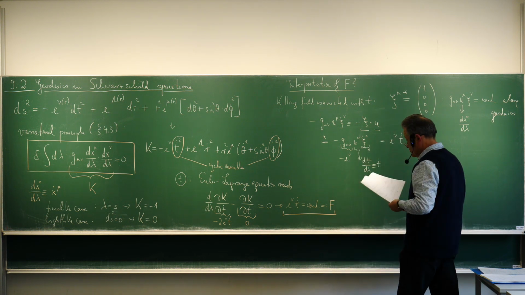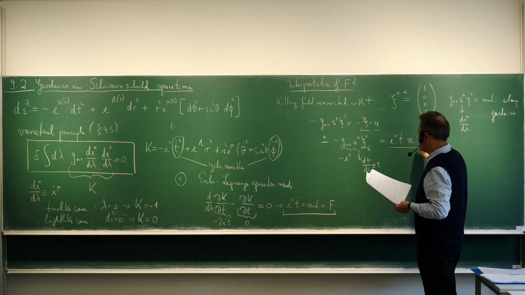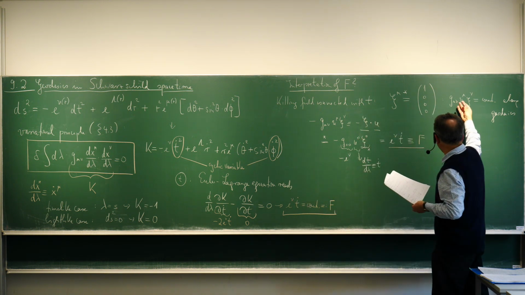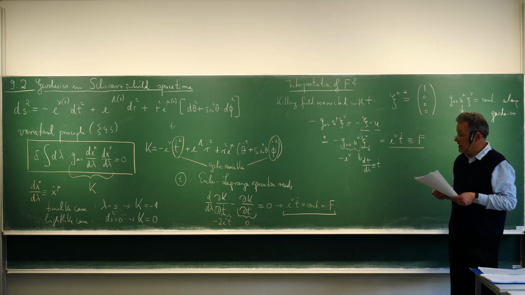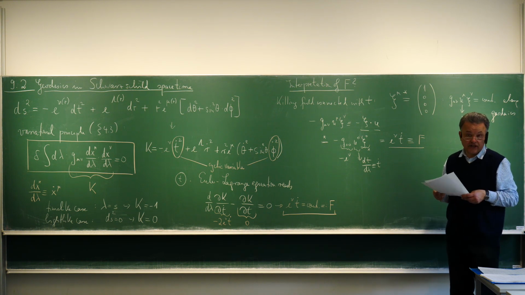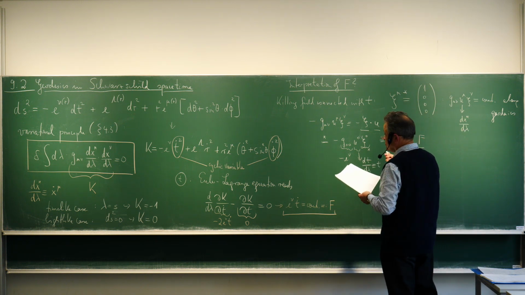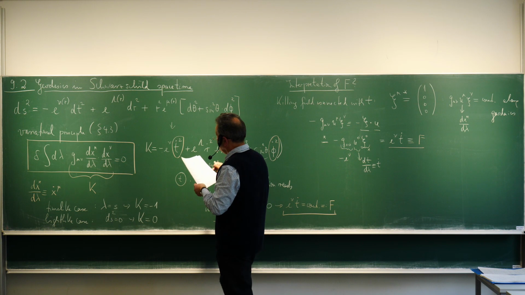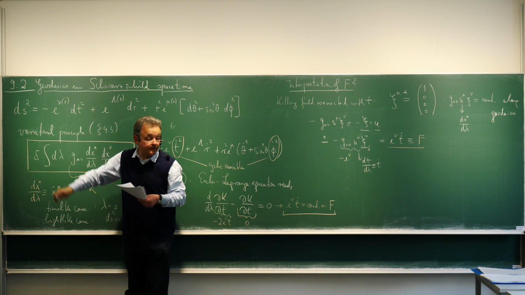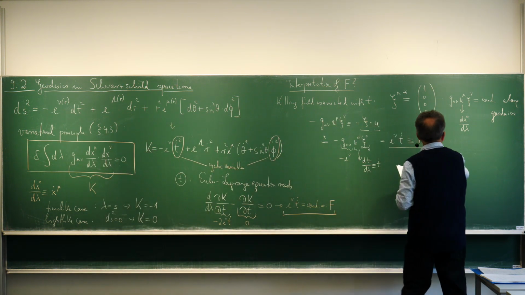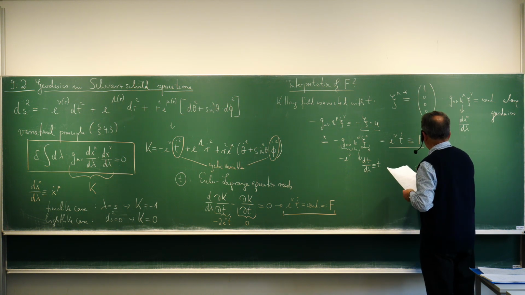And if you look here, this is just our f. So this is just our f. So this conserved quantity is the quantity that you get from the scalar product of the tangent vector with the Killing vector. If you go to standard Schwarzschild coordinates, then you just have to insert here the 1 minus 2 GM over r. So this here is in standard Schwarzschild coordinates.